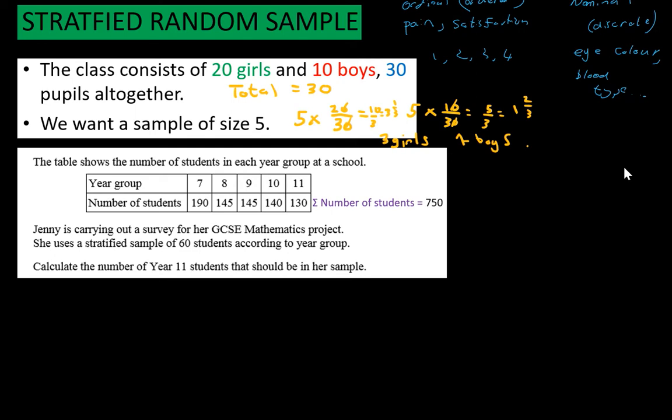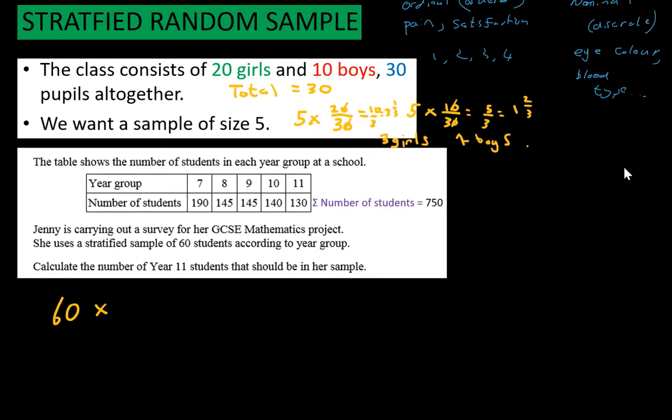Okay, the table shows the number of students in each year group. Total is 750. Jenny is carrying out a survey for her GCSE maths project. She uses a stratified sample of 60 students according to each year group. Calculate the number of year 11 students that should be in the sample.